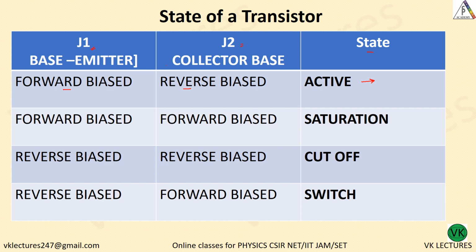If junction 1 is forward and junction 2 is also forward, it comes to the saturation region. When junction 1 is reverse biased and junction 2 is also reverse biased, then the state is cutoff. When junction 1 is reverse biased and junction 2 is forward biased, this transistor will act as a switch.